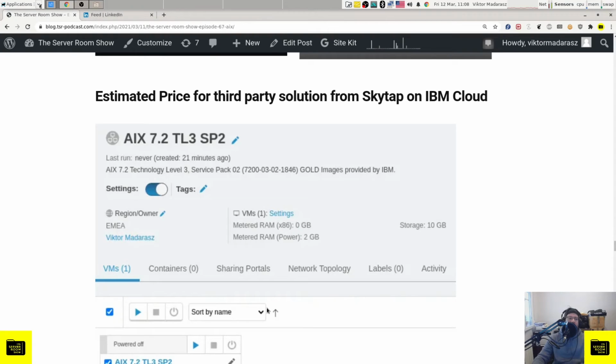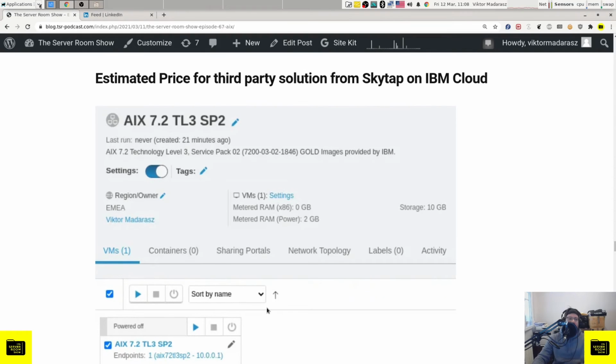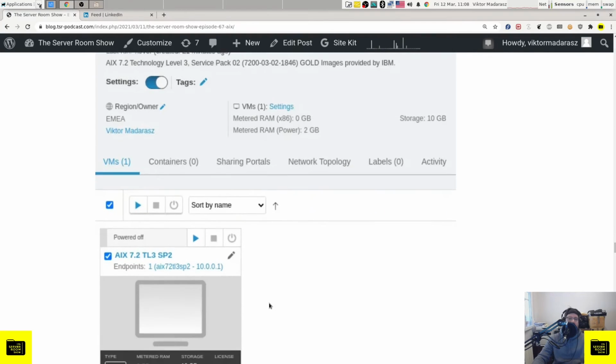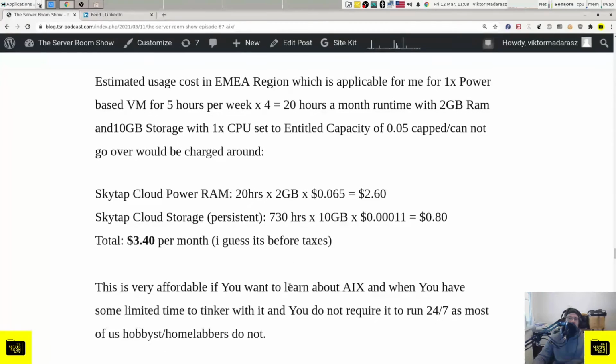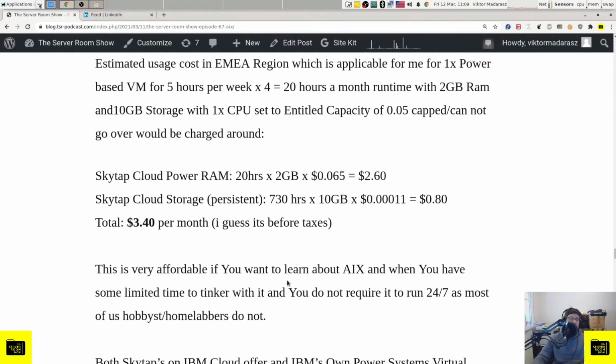If you look at the estimated price for the third-party solution from SkyTap, for the Europe, Middle East, Africa region, which is mine, one Power-based virtual machine for 20 hours a month with 2 gigabytes of RAM and 10 gigabytes of storage, with the entitled CPU capacity set to the same, SkyTap estimates me before taxes approximately $3.5 per month.